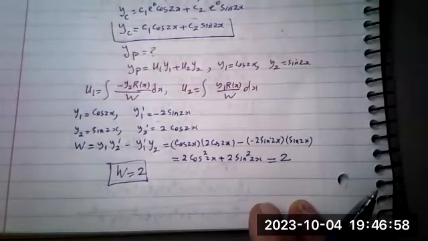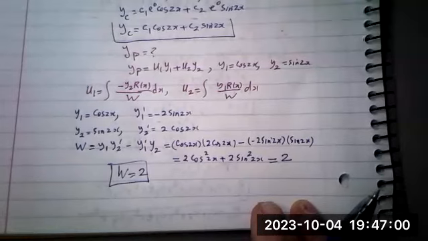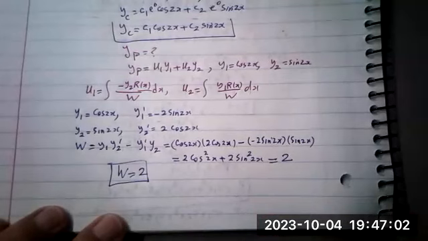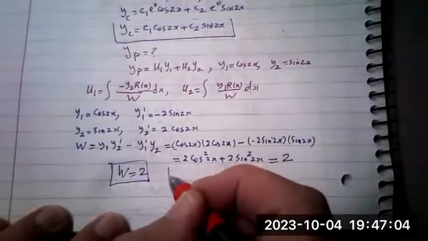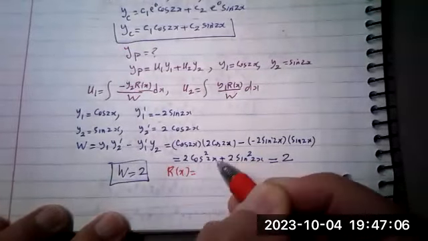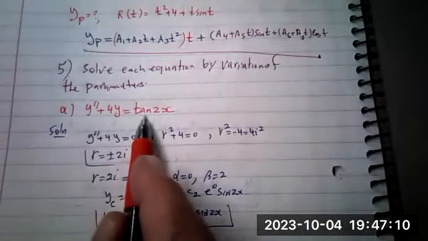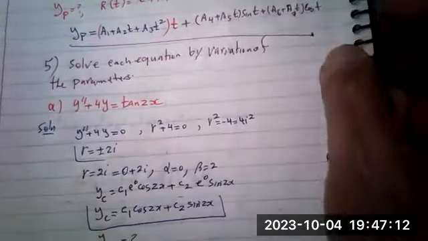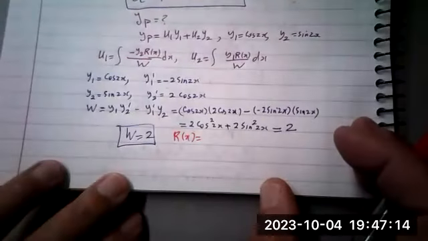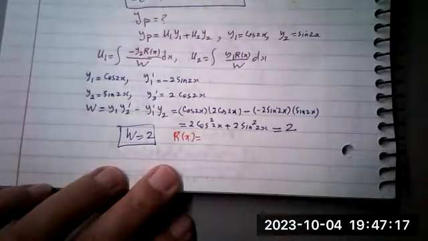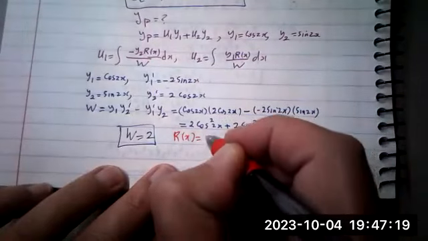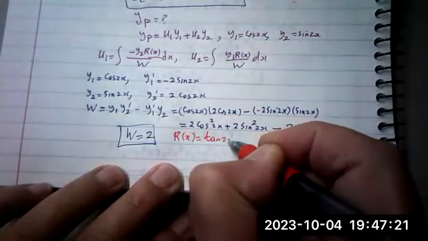In this case, you don't have anything to worry about; we did check it, and the coefficient is 1. So r of x is only tangent of the 2x.